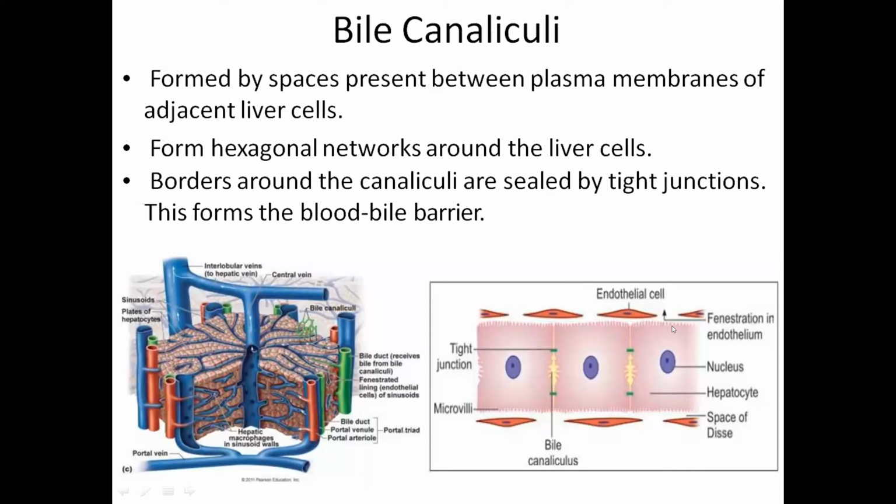As you see here, there are fenestrations in the endothelial cells, which easily allow percolation of the plasma, which is present over here in the space of Disse. There is plasma and other cells, most importantly Ito cells, present in this space of Disse. So these tight junctions prevent the mixing of bile with the blood. These tight junctions form the blood-bile barrier.